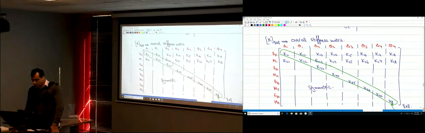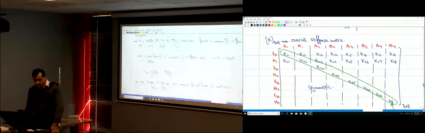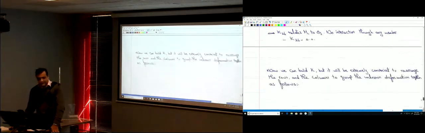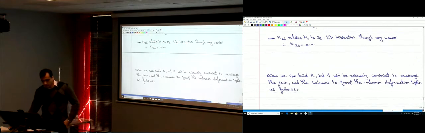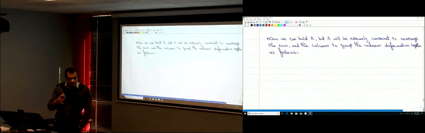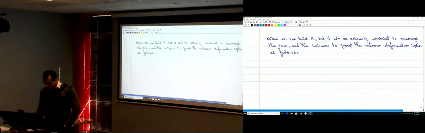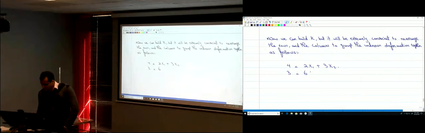Yes. Because what is this? It's just a set of equations, right? Let me give a simple example. If I write two simultaneous equations like this: 4 is equal to 2x1 plus 3x2, and 3 is equal to 6x1 plus 4x2.